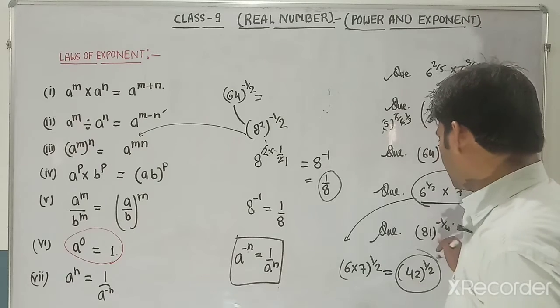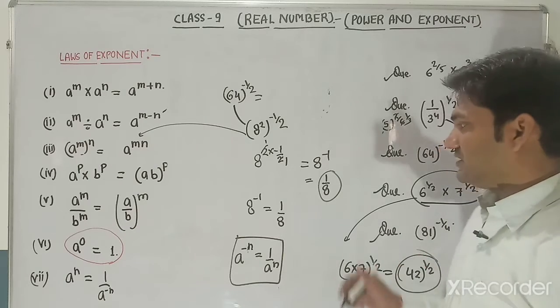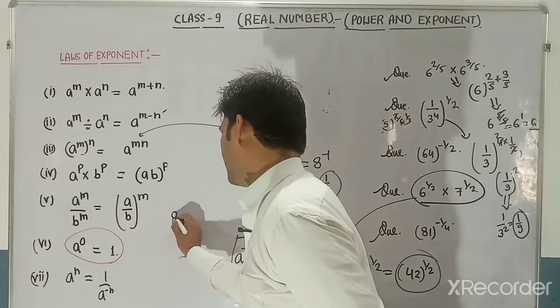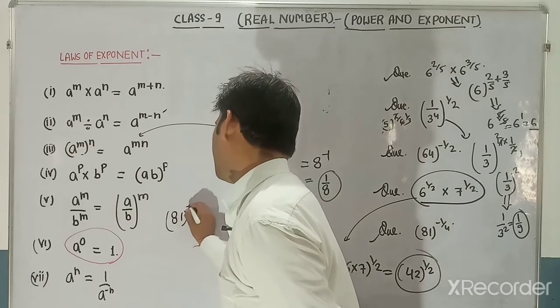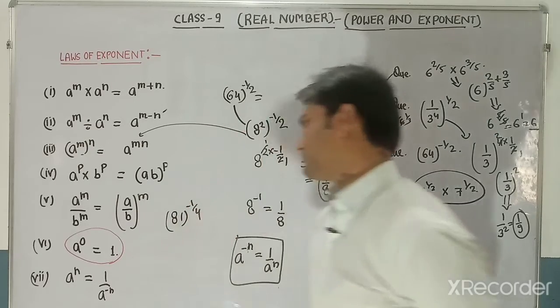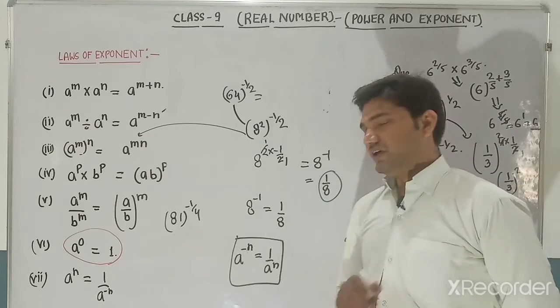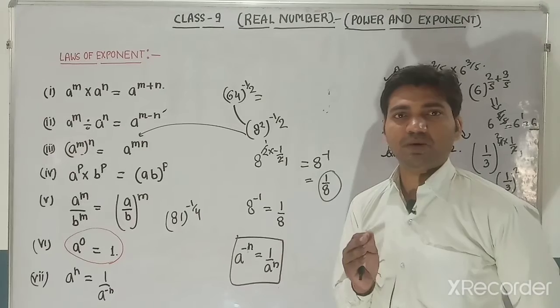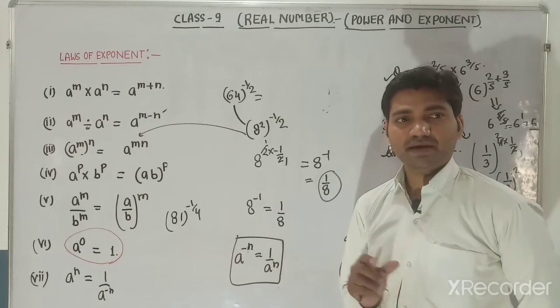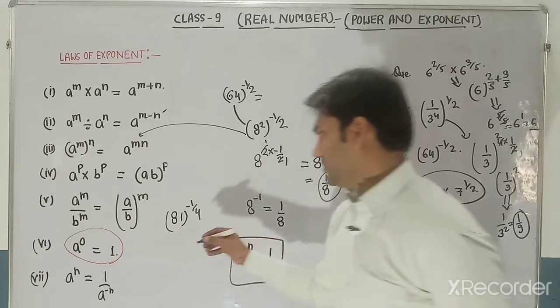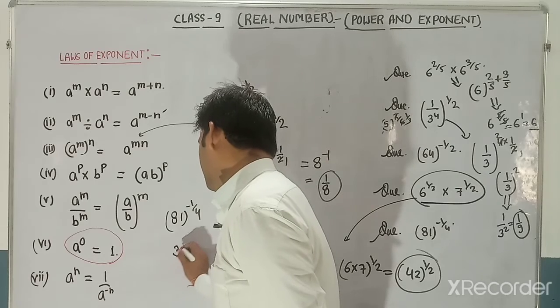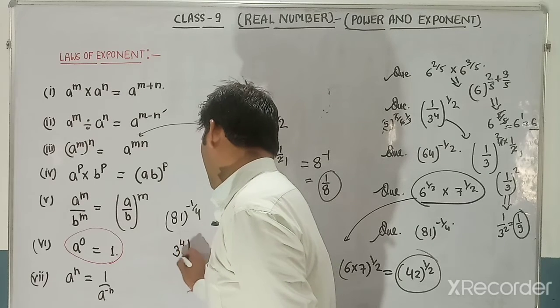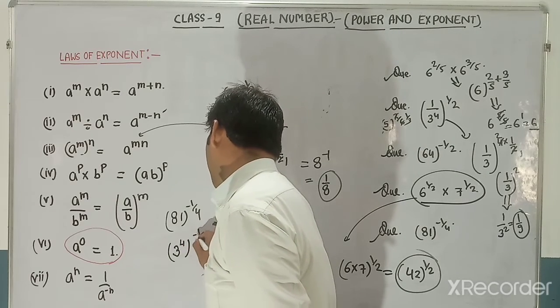And the last question: 81 whole power minus 1 by 4. We can write 81 as 3 to the power 4. So it becomes 3 to the power 4, whole power minus 1 by 4.